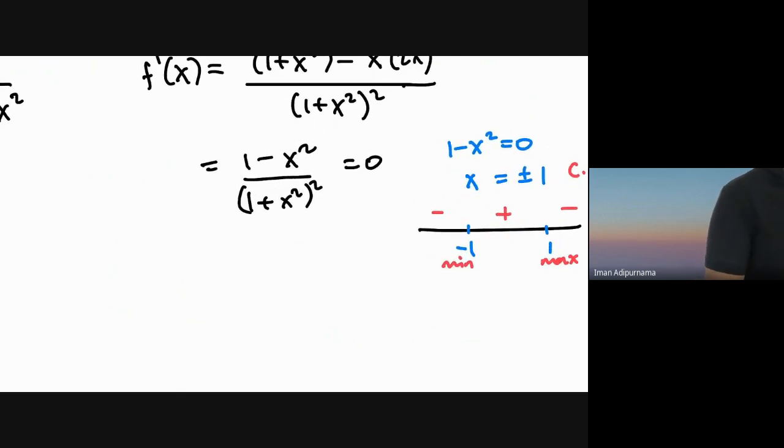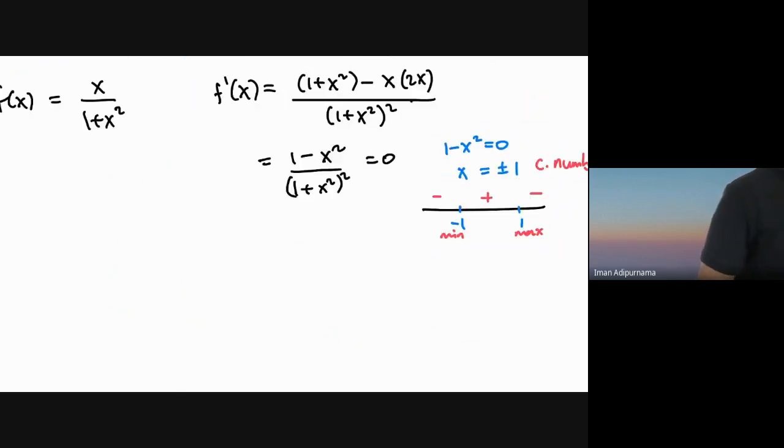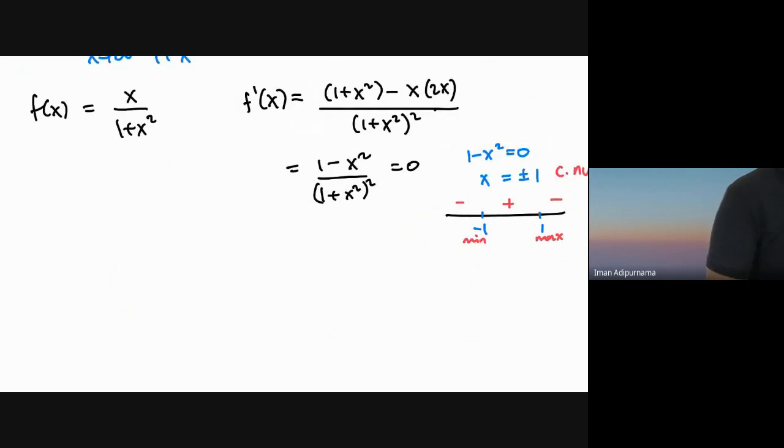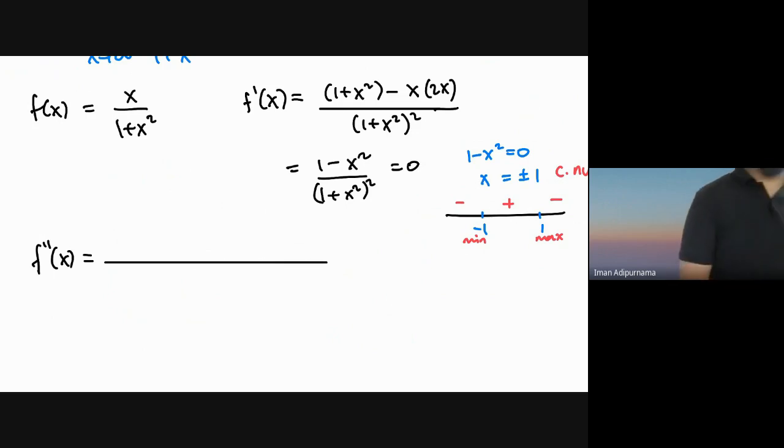Now check the second derivative. This is a little bit long, I think. So 1 plus x squared is 4.